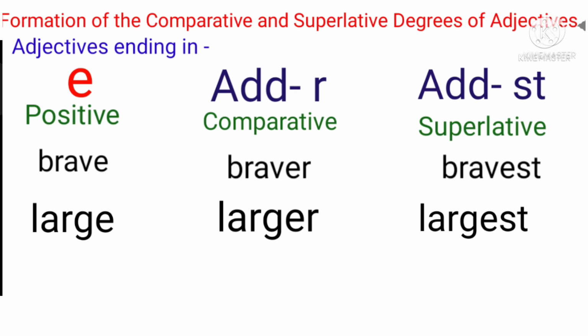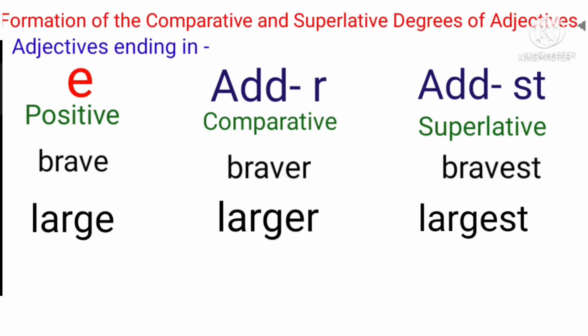So here you can see adjective words that end with E. When you are comparing those adjectives with another thing, person or place, you have to add r at the end of that adjective word. Like here it is written brave. When you are comparing a brave person with another person, or a brave thing with another thing, it will become braver.